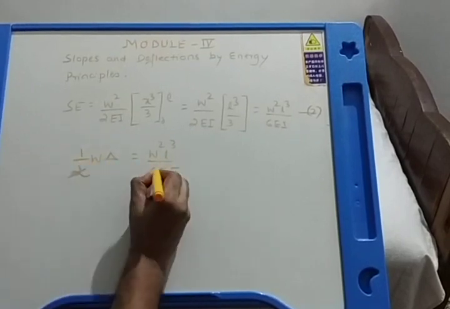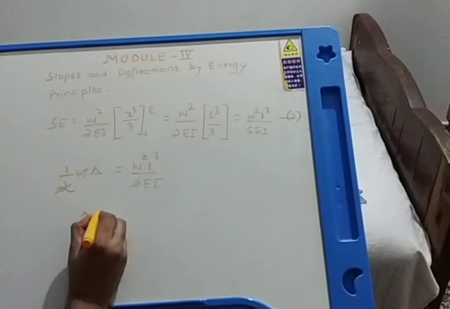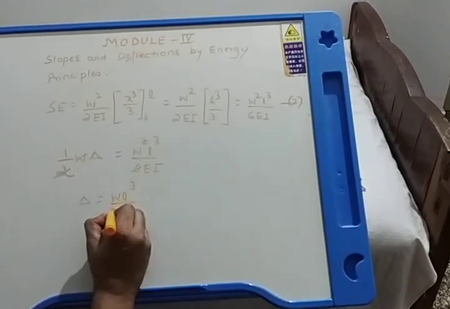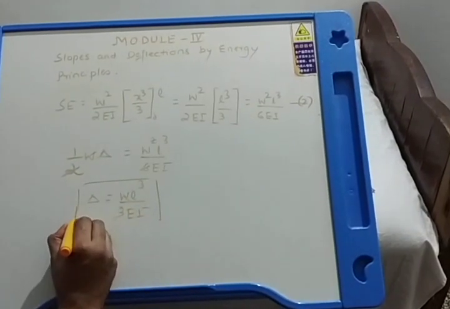Cancel the things that are to be cancelled. One W getting cancelled. We want delta, so delta is equal to W L cube upon 3EI. So this is a very important expression for strain energy.